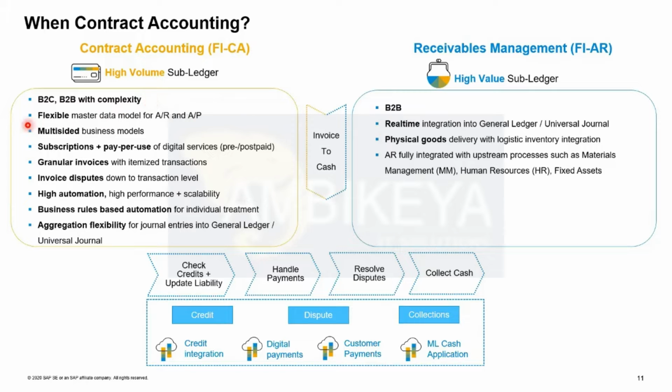FICA has a very flexible master data model. So right from the beginning, FICA was built using the business partner as the master data. Below the business partner, there can be one or several contract accounts.